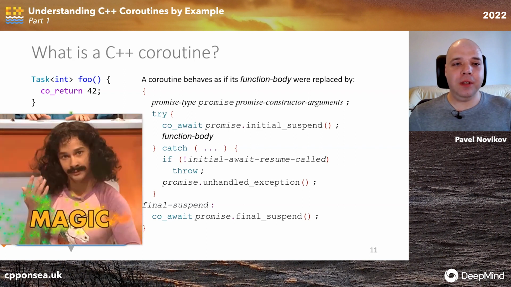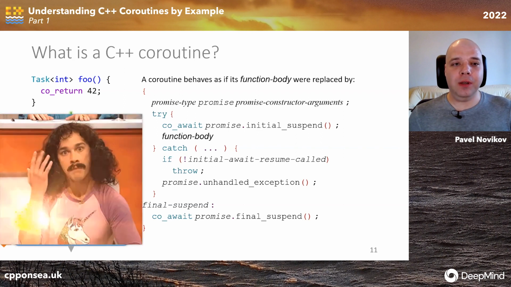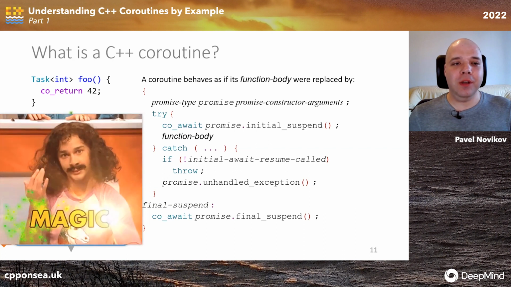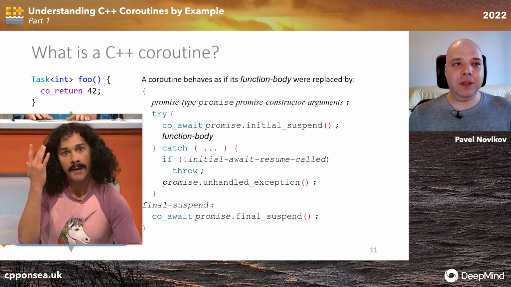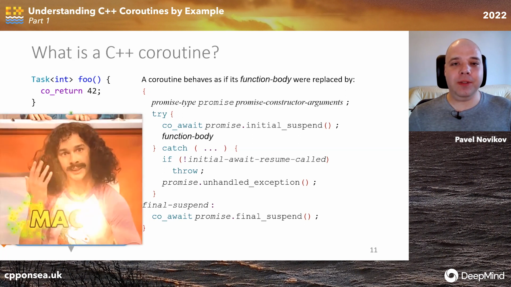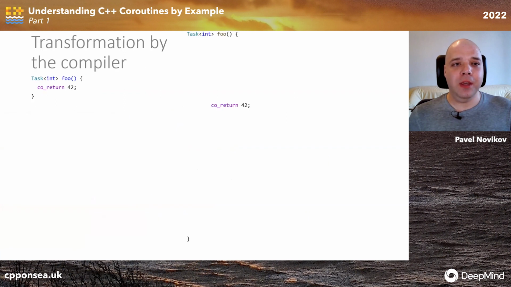So in this talk we'll try to uncover a bit of this magic of the C++ compiler backend that handles all this. The compiler does a transformation to the code that we write.